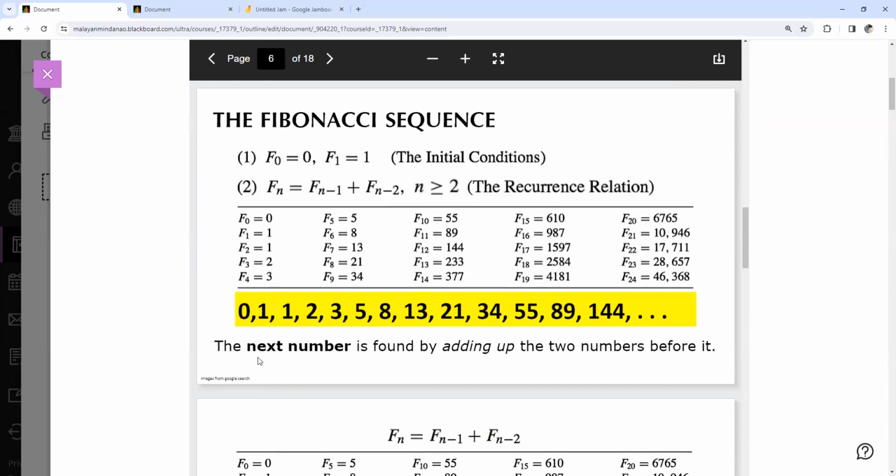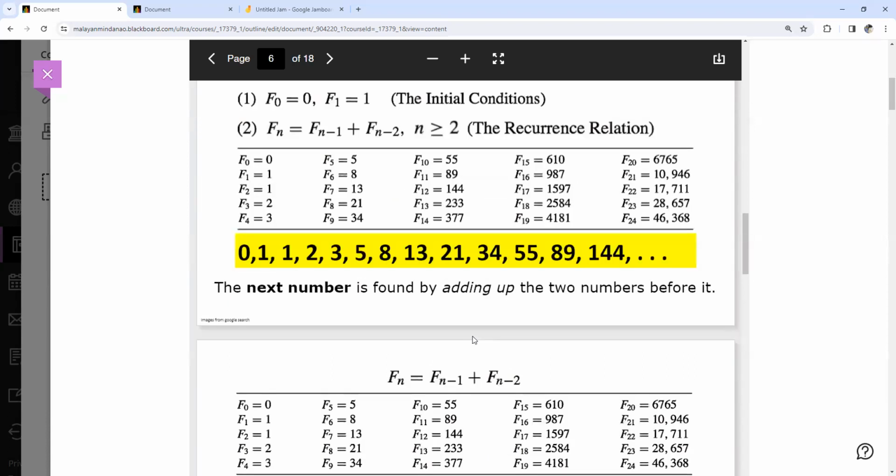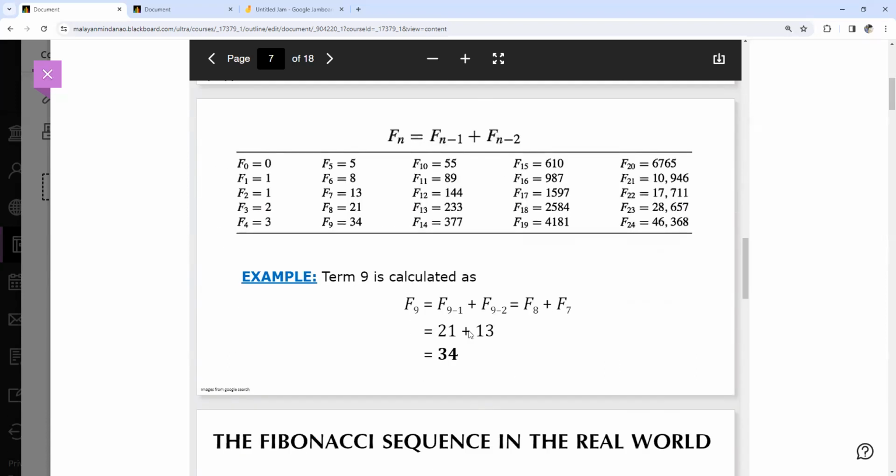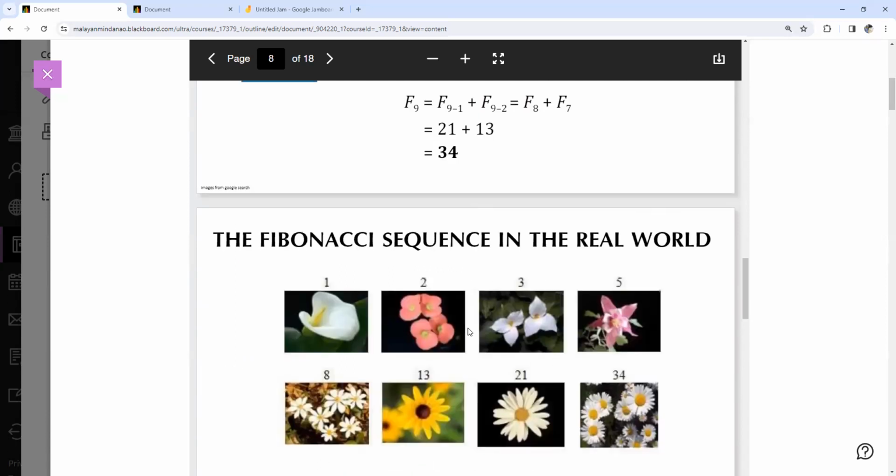So this is the Fibonacci sequence: 1, 1, 2, 3, 5, 8, 13, 21. Notice that each number in the Fibonacci sequence is actually the sum of the previous two numbers. So for example, 34 is the sum of 13 and 21. Okay, so that's the Fibonacci sequence for you.